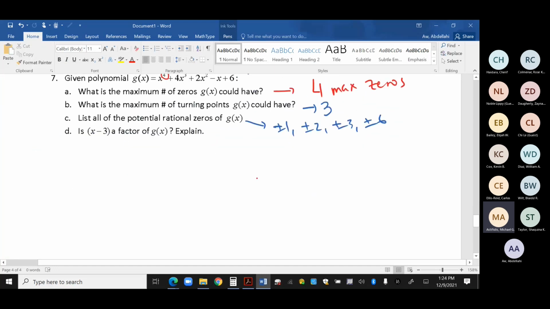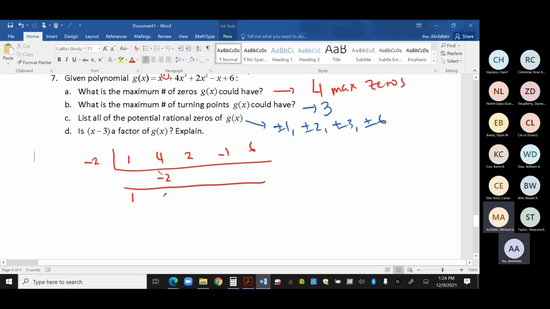If you plug in numbers, for instance, if you plug in 1, it doesn't work. 2 doesn't work. Let's plug in the negative numbers. Let's plug in -2 and see what happens, or -3. You have 1, 4, 2, -1, 6, right? 1, -2, 2, -4, -2, 4, 3, -6, 0.